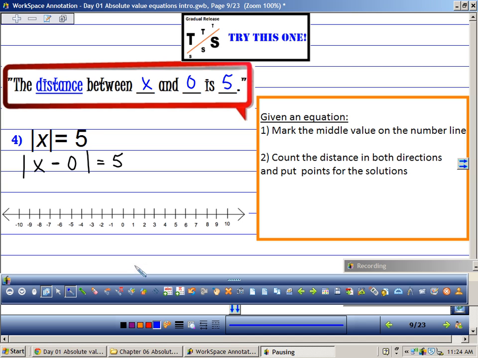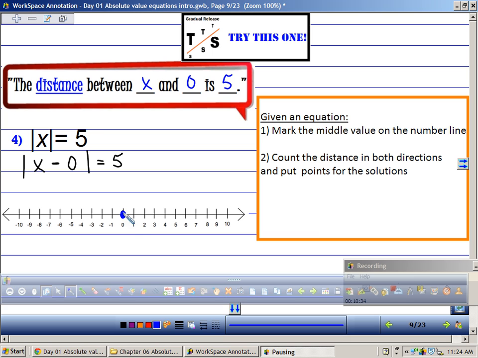So where would I start on my number line? At 0. And how far would I travel away from 0? 1, 2, 3, 4, 5. And 1, 2, 3, 4, 5.